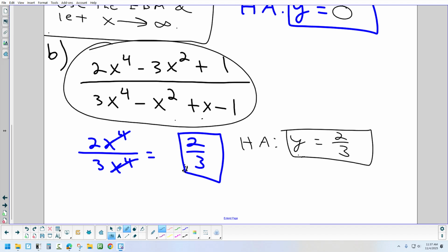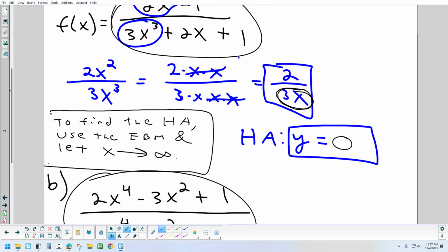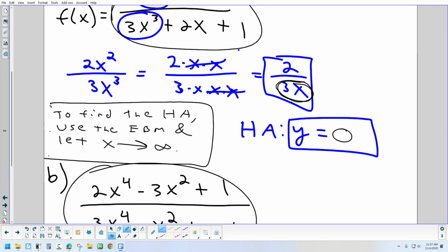But if you zoom out far enough, these two graphs will look identical. On the edges, not in the middle, just on the edges. All right. Any questions on how we found the EBM or used it to then get the horizontal?